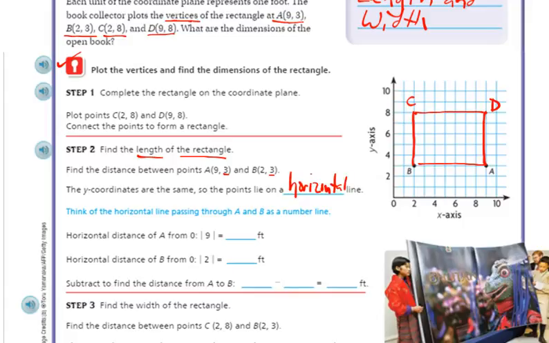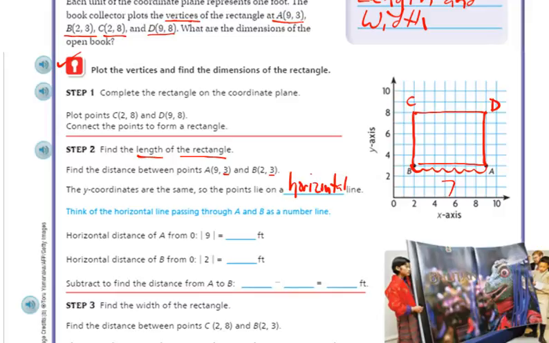All right, and we have 2 options. If the figure is on the grid in front of us, we can count the length of A to B. So 1, 2, 3, 4, 5, 6, 7. So I have an answer of 7 for the length of A to B.